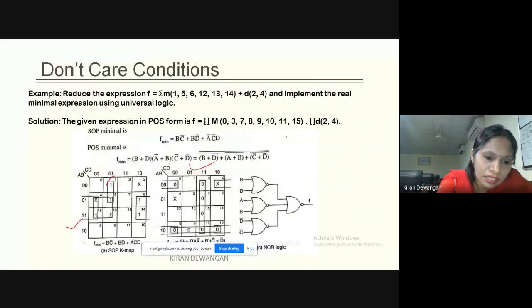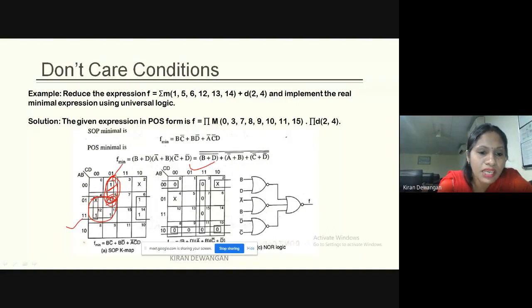Here in this particular pair, I have come back to the previous slide. This pair has this one and this one. It is covering 2 ones, right? But what happens to this particular one? This particular one is covered by this quad also, and this one is just covered by this pair.